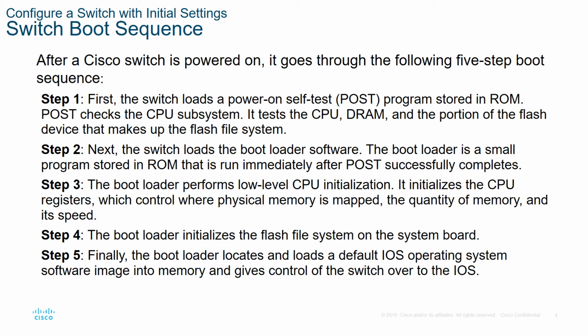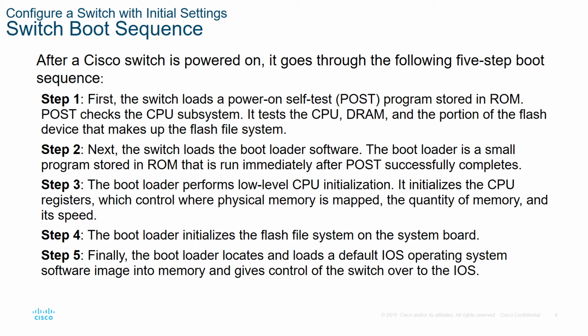Once the POST operation is successfully completed, then it initiates the second step. The objective of the second step is to load the bootloader software from ROM to RAM. Once it is successfully loaded, then it initiates the third step.